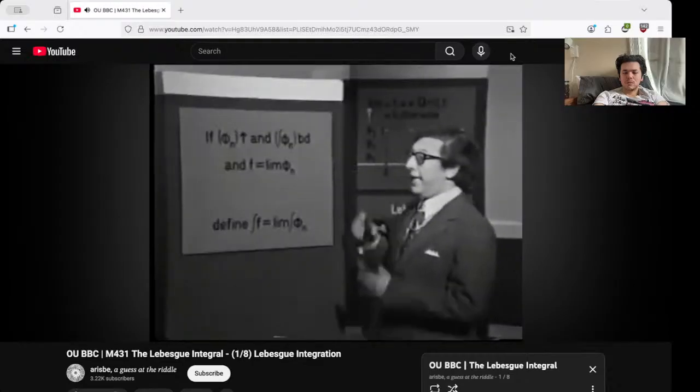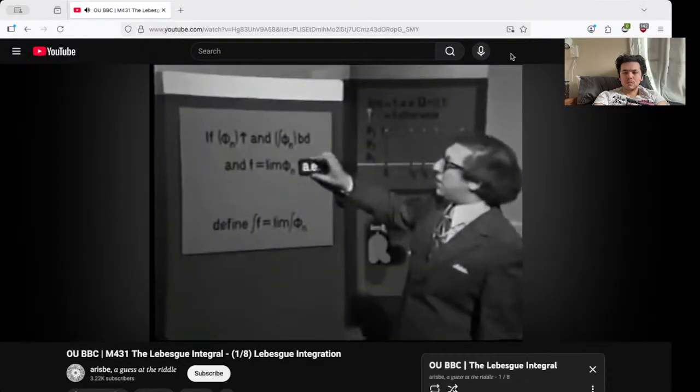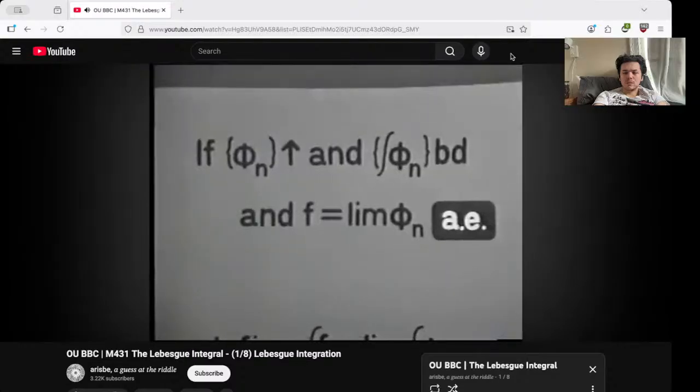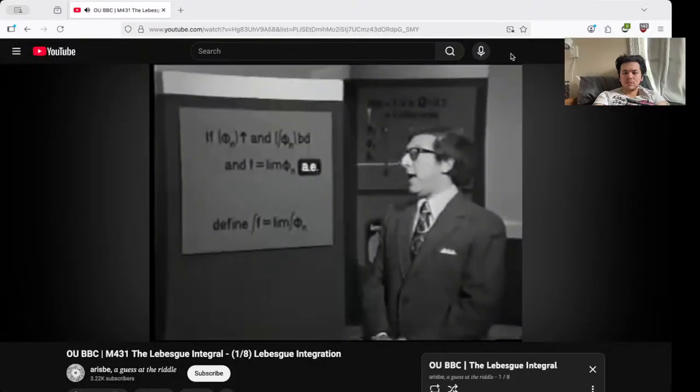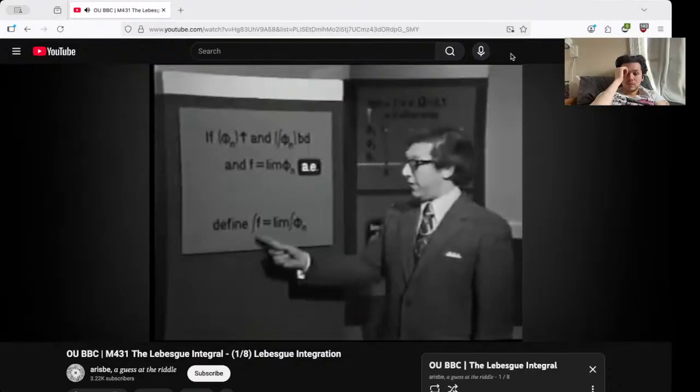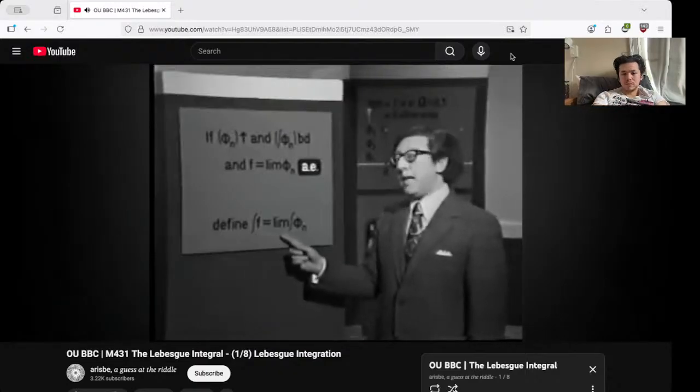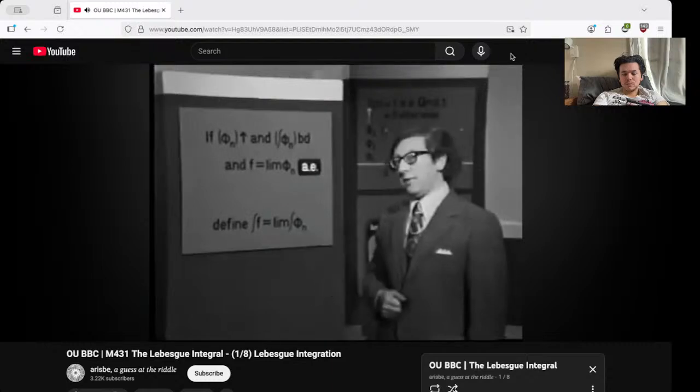And in the light of what Ian has said, it's got to be the limit almost everywhere, and by almost everywhere we mean at every point except possibly on one of Ian's null sets. That being done, I then define the integral of the function you gave me as simply being the limit of the sequence of integrals. Very straightforward.